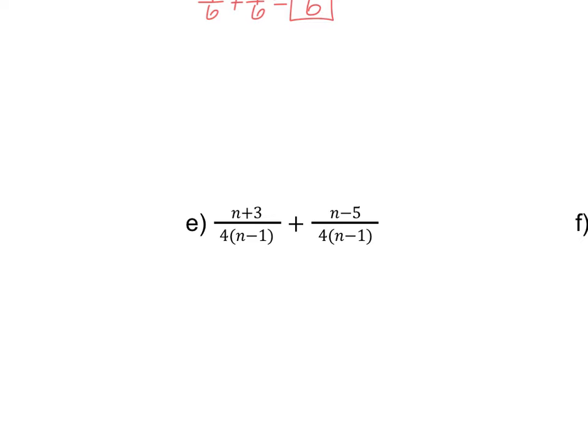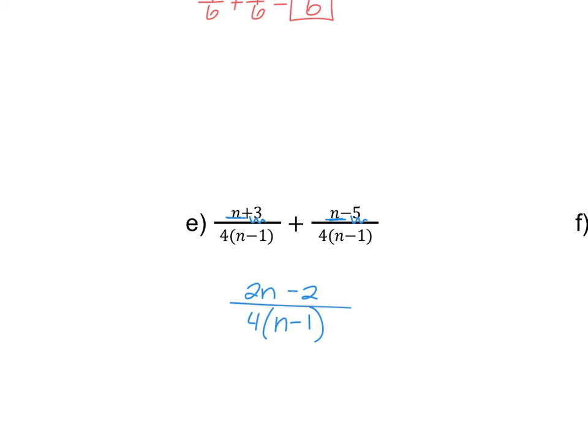Okay, this one, looks like both denominators are the same, so 4 times (n - 1). That's good. And then on the top, we have our like terms, so you can do your n's and the whole numbers. So n plus n would give you 2n. And positive 3 minus 5 would give you -2. Now, as is, can you reduce anything?